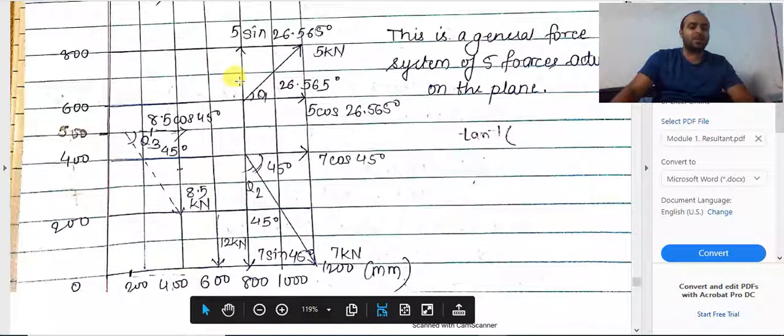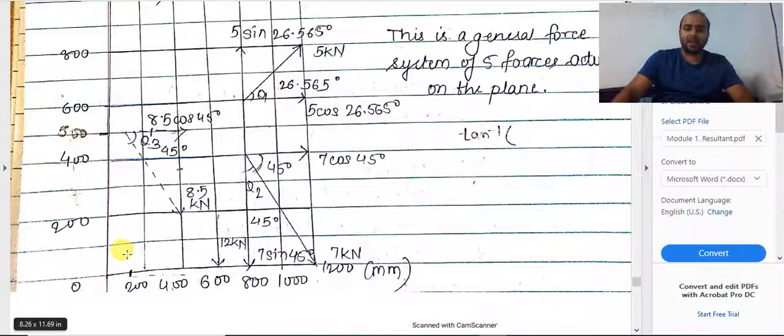Now 5 sin 26.565. If I apply the same rule, that is, I keep my thumb pivoted at point O and with the help of the right hand finger I try to rotate it in the direction of 5 sin 26.565, definitely it will be causing the body to rotate in anti-clockwise sense. That is why it will be minus 5 sin 26.565 into the perpendicular distance 800.